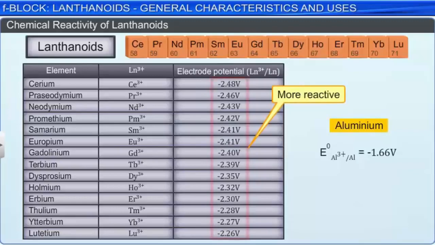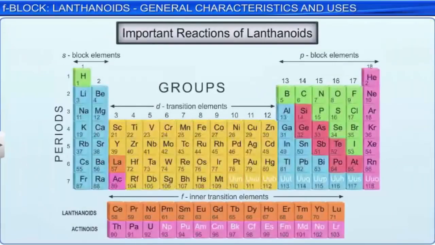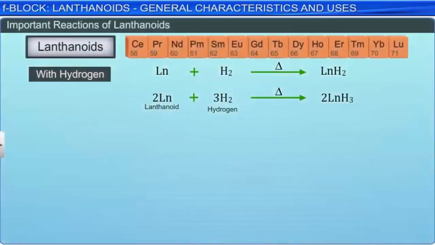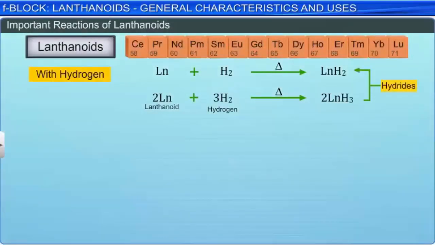Let us now look at some important reactions of these elements. These metals combine with hydrogen when heated gently in the gas and form hydrides of the type LnH2 and LnH3.